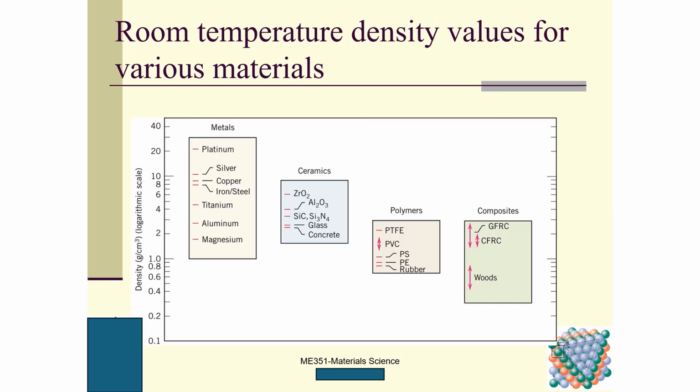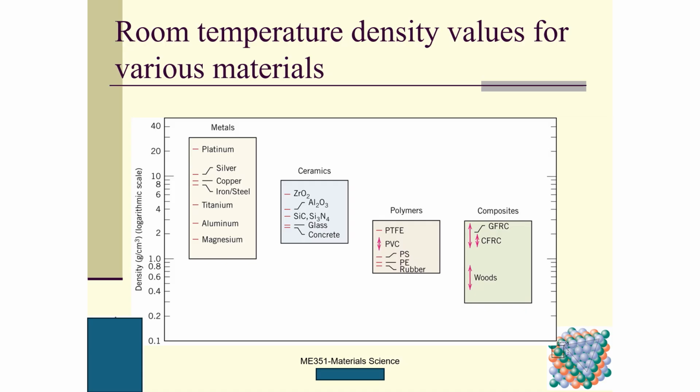Room temperature density values for various materials. Here we have 4 different categories of materials: metal, ceramic, polymer, and composites. The ordinate here is density on a logarithmic scale.